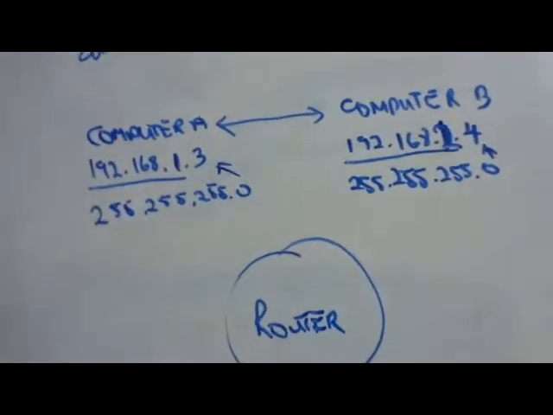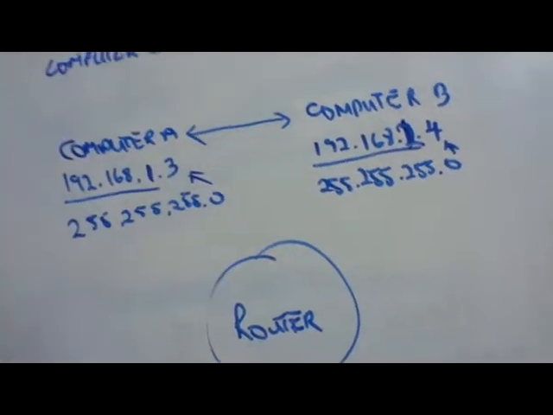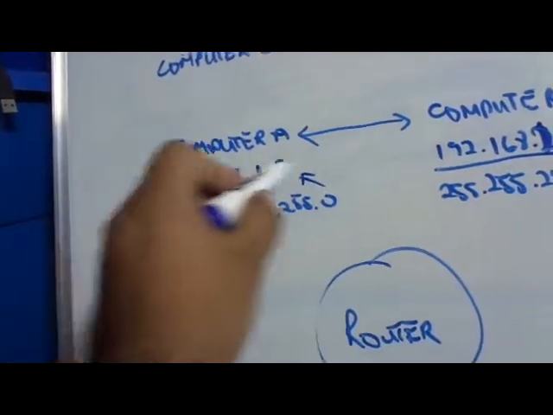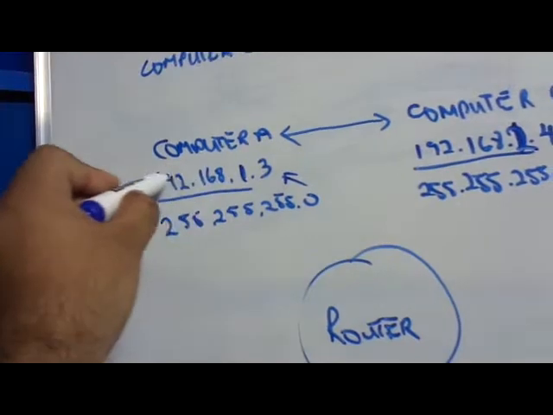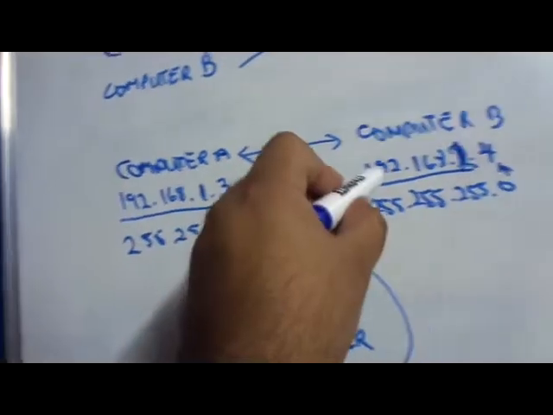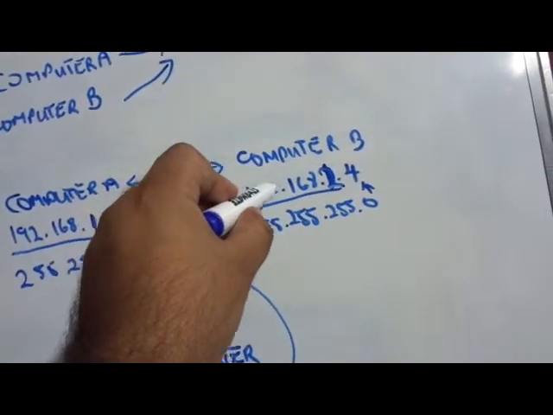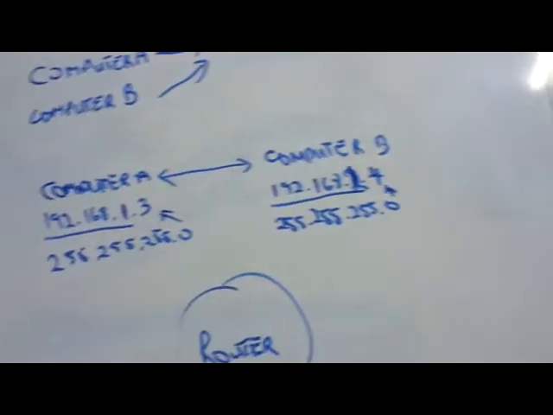What the router would do is have two interfaces. It would have an interface on this subnet, which is the 192.168.1 subnet, and also an interface on the 192.168.2 subnet.